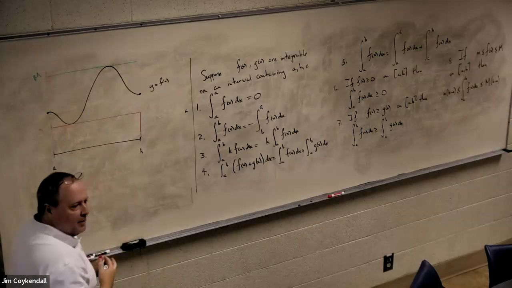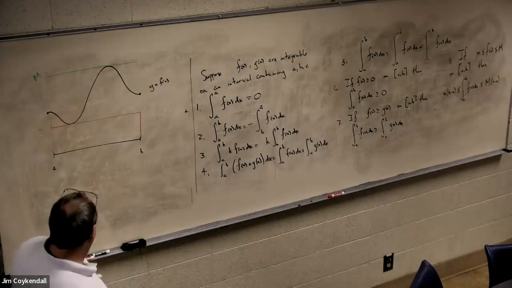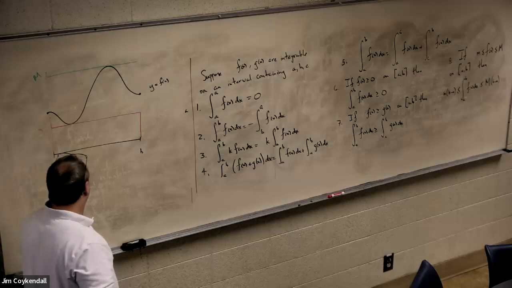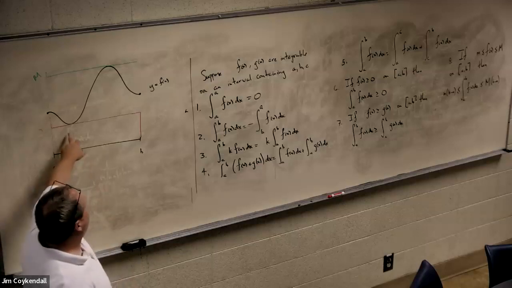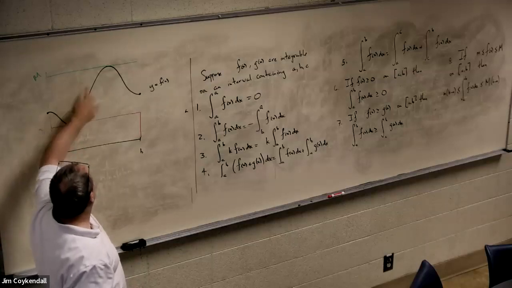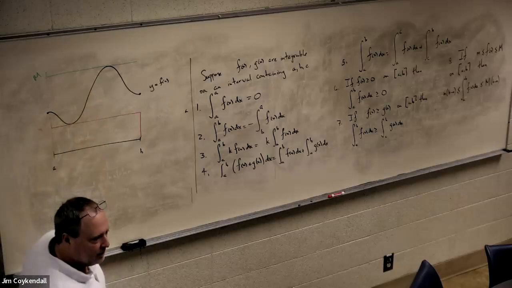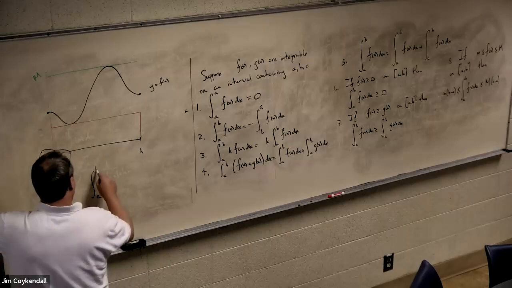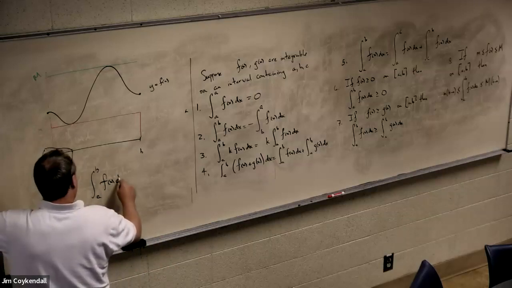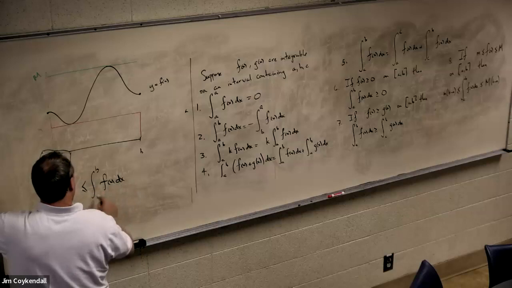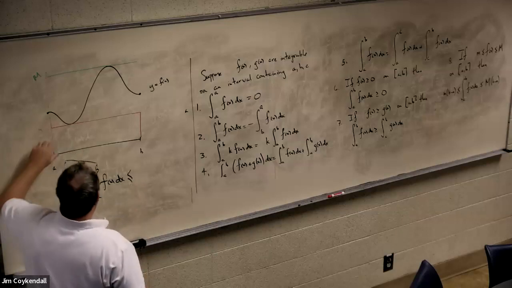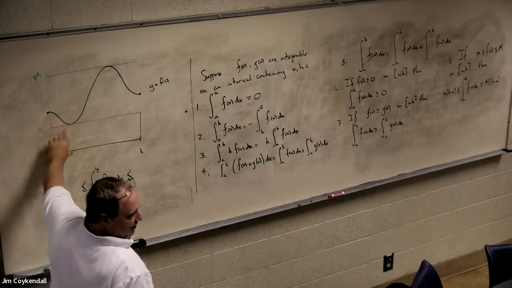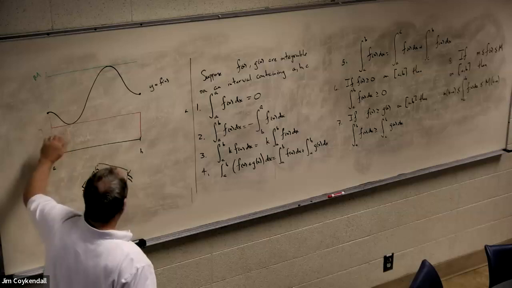Would everybody agree that that picture gives me what I want? Every y coordinate on that function is less than or equal to capital M, but greater than or equal to little m. So the area under the curve, everybody agree that the area is bigger than or equal to this rectangle down here?